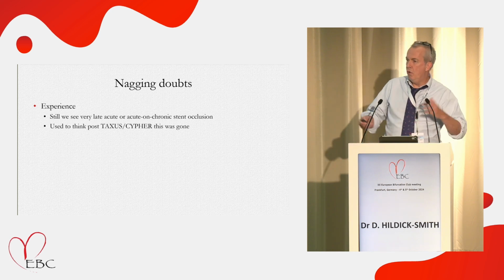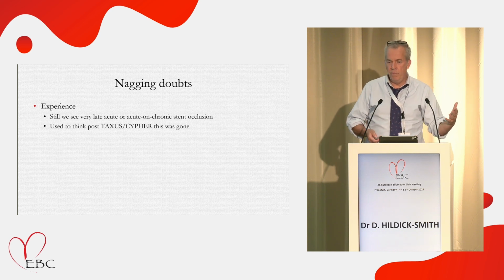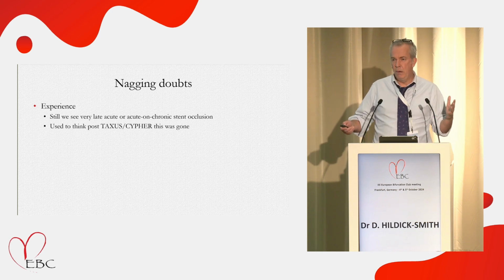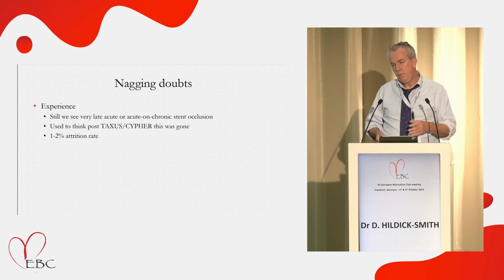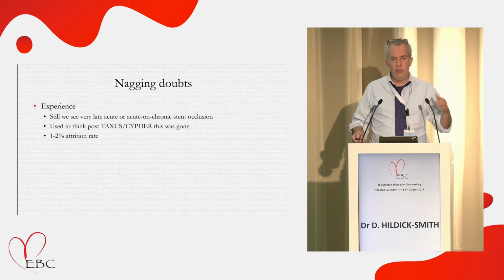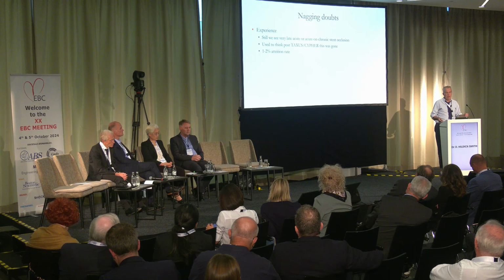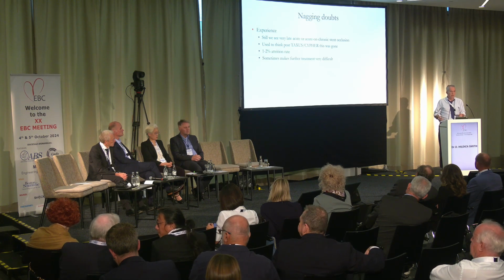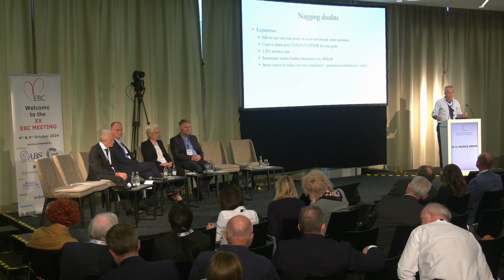We originally thought it was all Taxus with that horrible polymer, and that it doesn't apply to modern stents, or now that we do imaging. But I don't really buy that. Show me a study where we haven't got that 1 to 2% annual attrition rate with stenting. That's related to lots of different factors, but it can make further treatment very difficult.